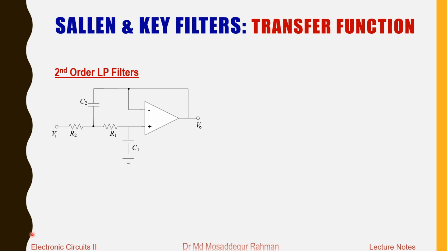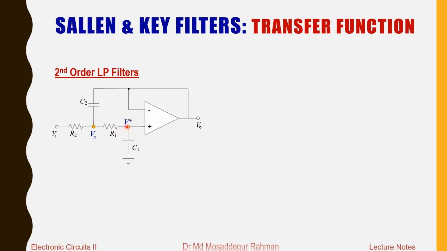First, we identify two nodes and assign node voltages. One is this node here, where we assign node voltage Vx, and another at this point, where we assign node voltage V plus, that is the voltage at the non-inverting input terminal.